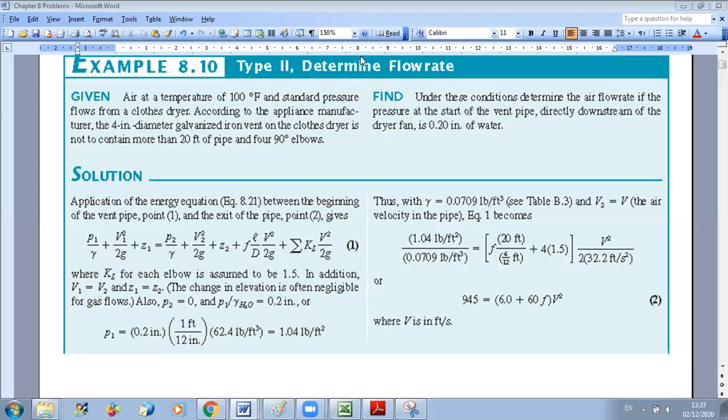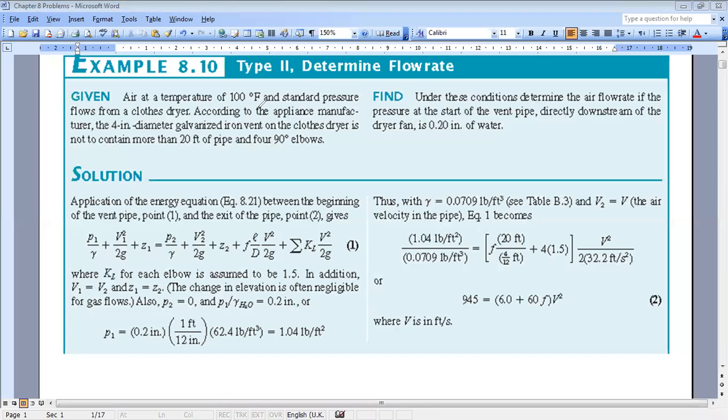So you can have it this way, for example. Here you have a first elbow of 90 degrees, this is a second elbow, and so on, like this.